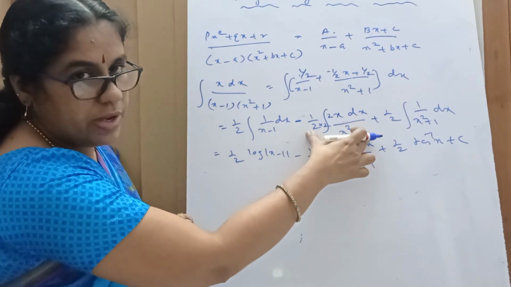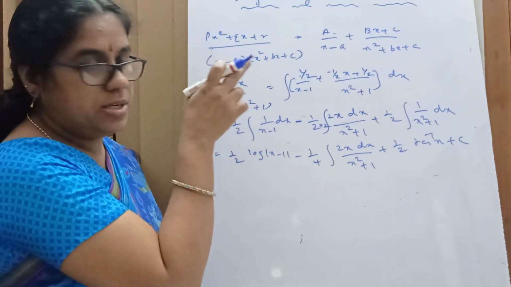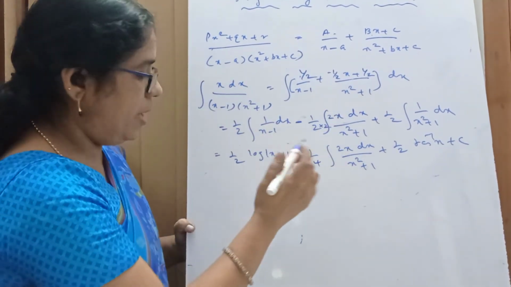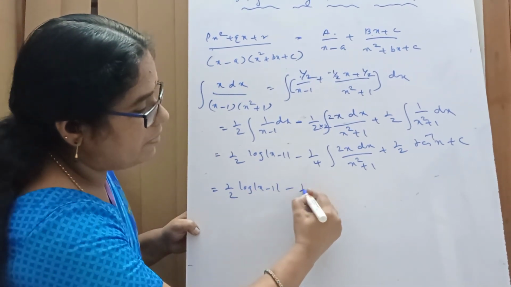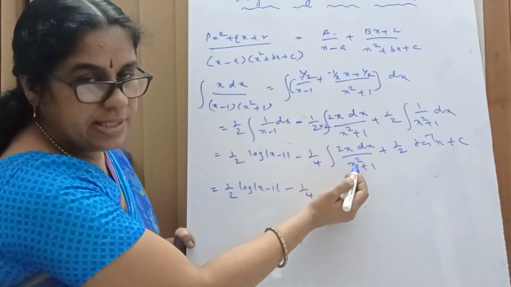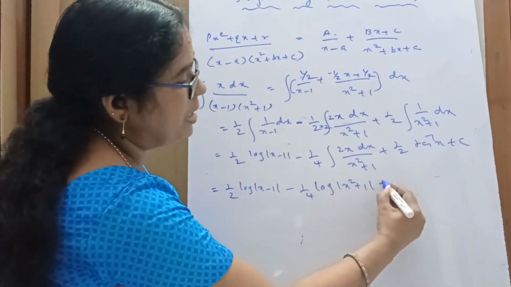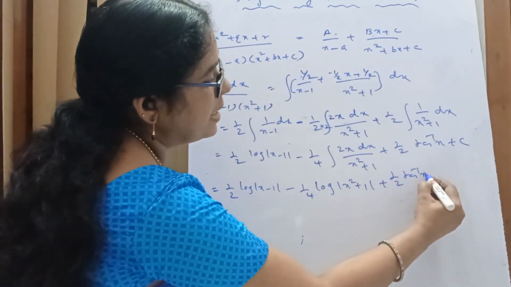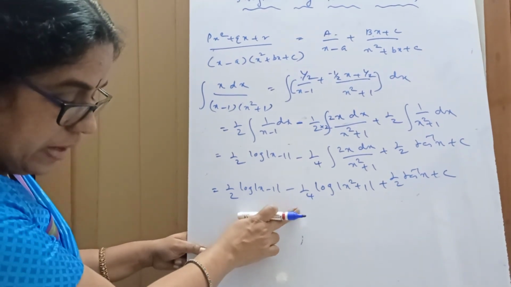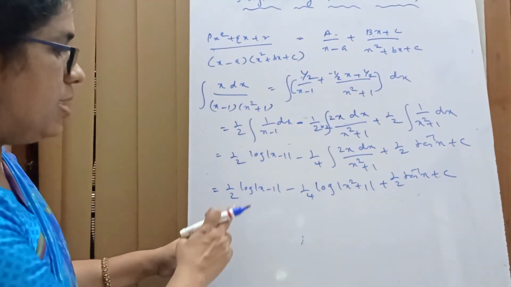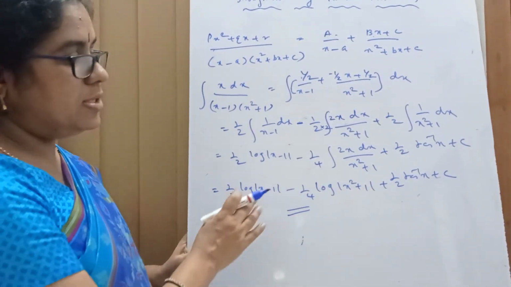That is half log mod x minus 1 minus 1 by 4 log mod x square plus 1 plus half tan inverse x plus c. Therefore the answer is minus 1 by 4 log mod x square plus 1 plus half log mod x minus 1 plus half tan inverse x plus c. So this is the final answer.